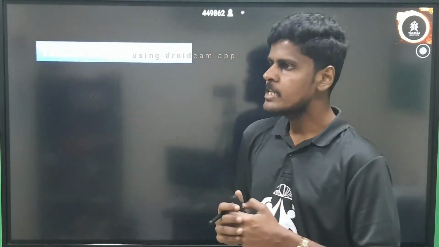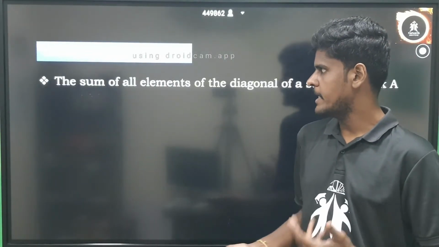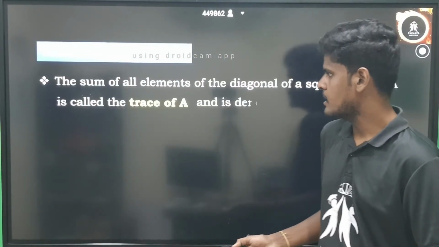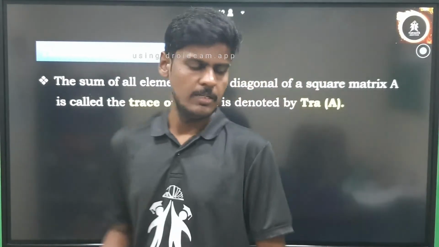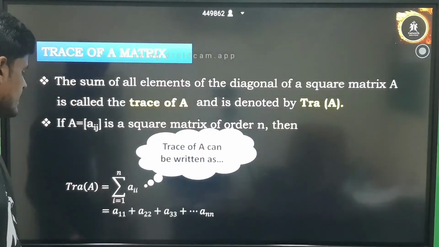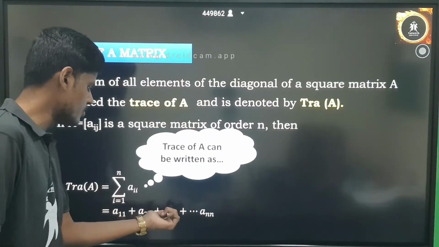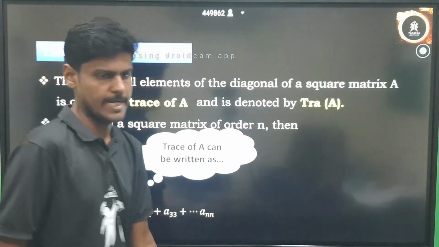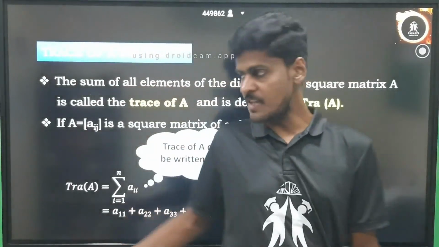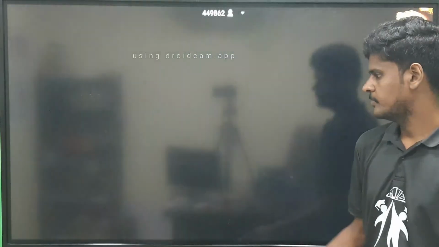Trace is nothing but the sum of diagonal elements, the sum of leading diagonal elements. That is called the trace of a matrix. That is nothing but the summation of a11 plus a22 plus a33 plus up to ann. This is a matrix of order n.